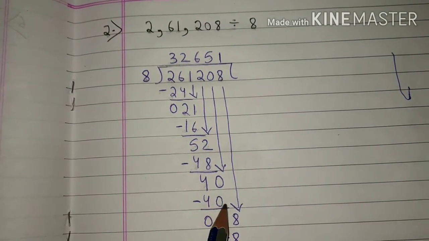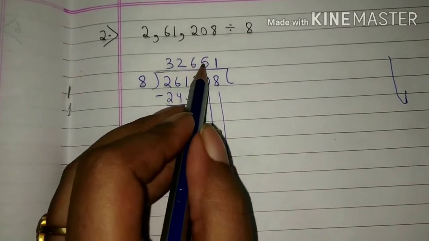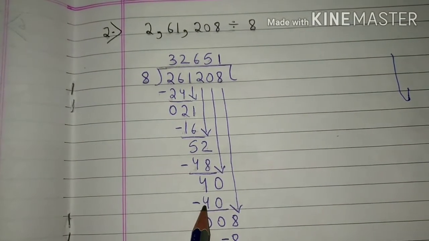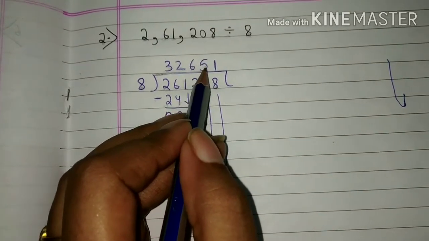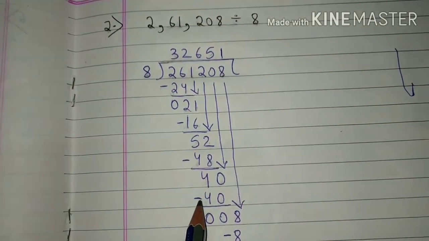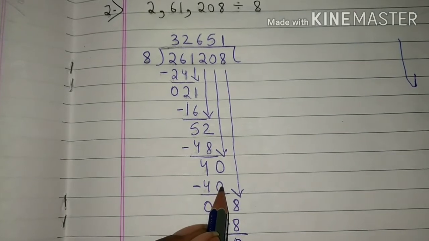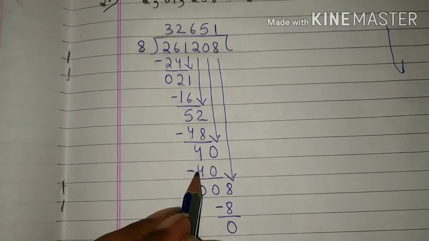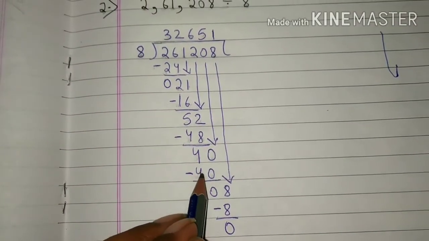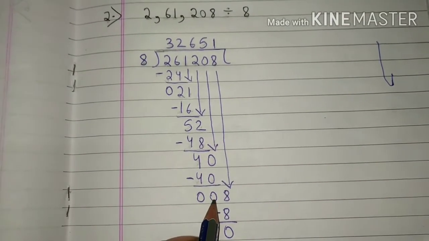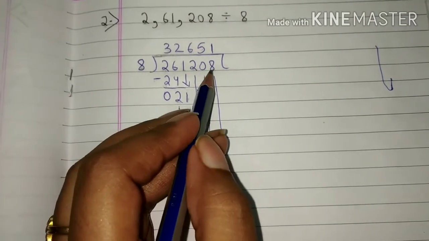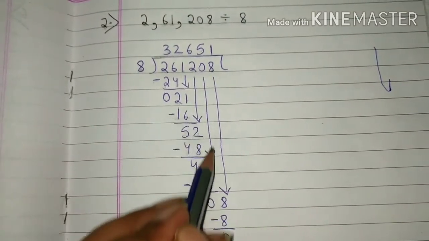Students, 8 into 5 is 40, and 40 is equal to 40. So we will consider 8 into 5 is 40. Students, we will write 5 here and we will write 40 here. Now we will subtract the number. 40 minus 40 will give 0. Students, now we will carry down 8 here.